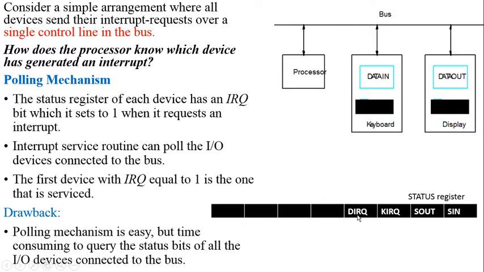DIRQ means display interrupt request bit, KIRQ means keyboard interrupt request bit. The interrupt service routine can poll the I/O devices connected to the bus. The first device with IRQ equal to 1 is the one that is serviced next.